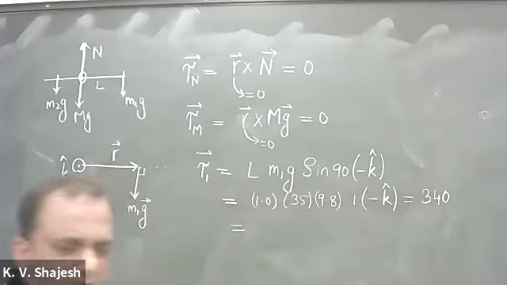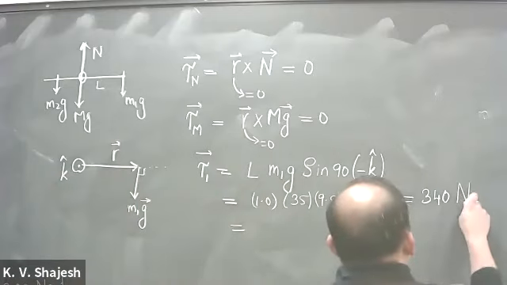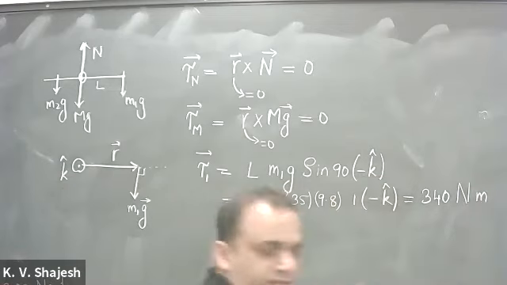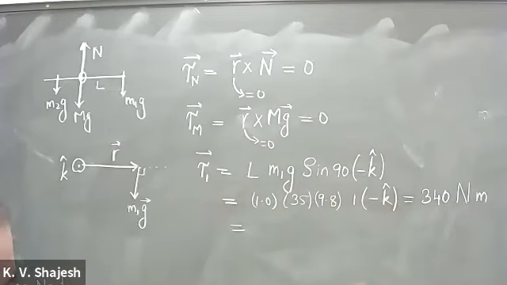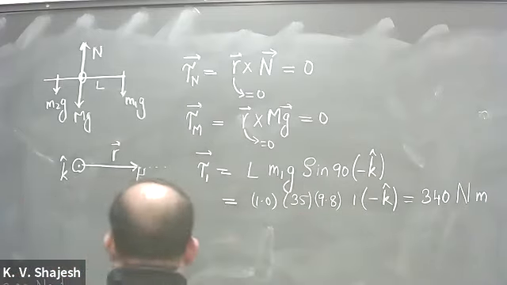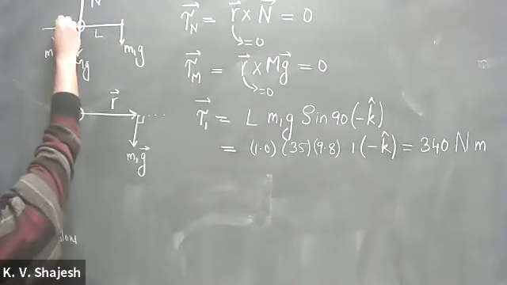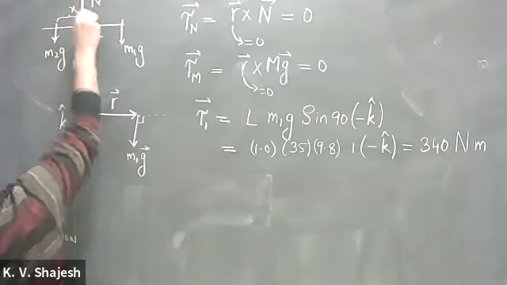Now what's the unit of torque? Torque has a distance and a force, so it is newton times meter. That's the unit of torque. Coming to the torque due to M2g, this distance was x here.